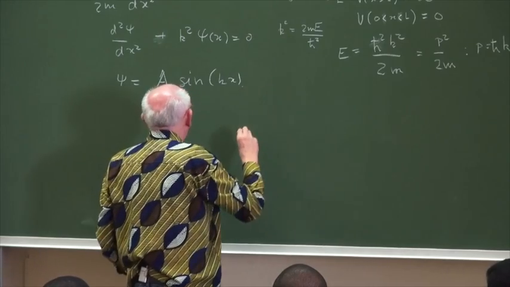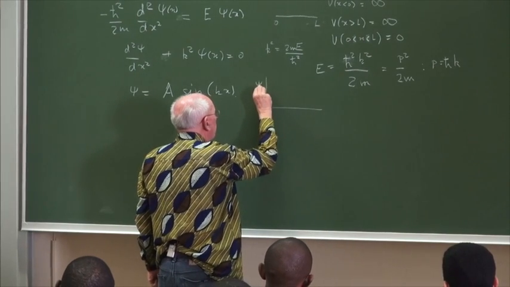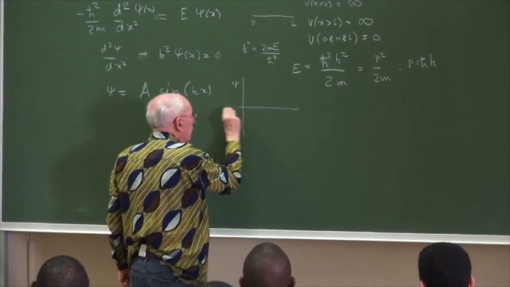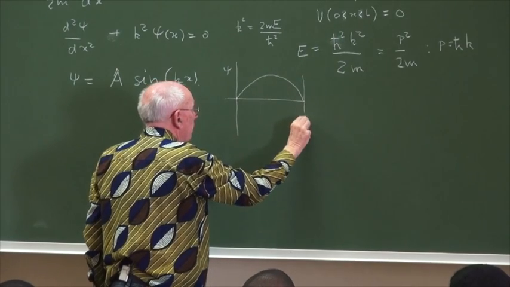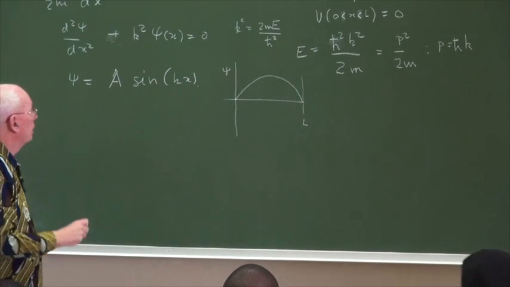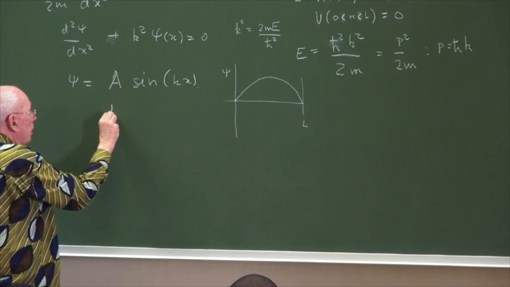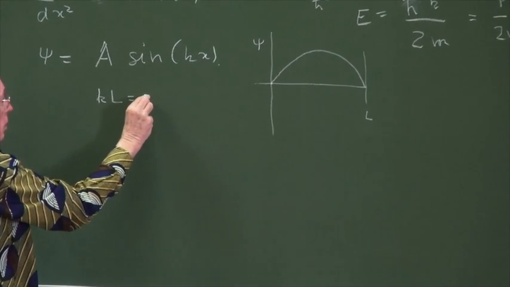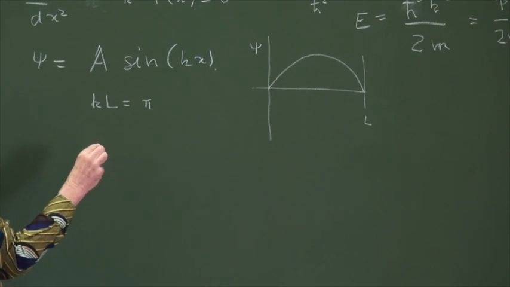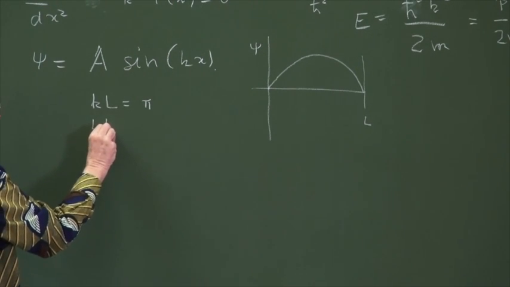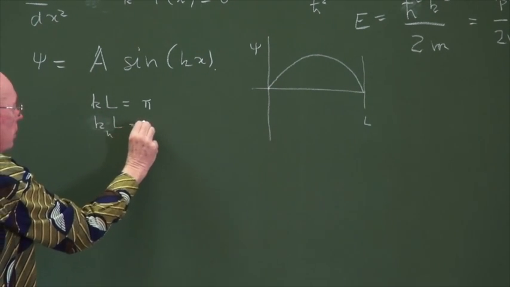We're looking at the particle in this box, and we want psi to be 0 because it's not going in there, and then we want it to be 0 again at the value L. So to be 0 at the value L, we get k times L must be equal to pi, or in general k times L is equal to n times pi.